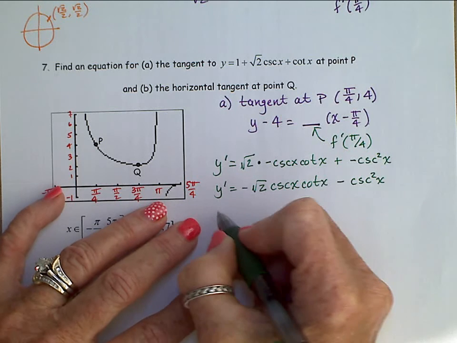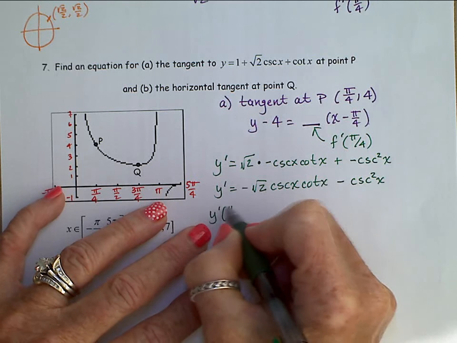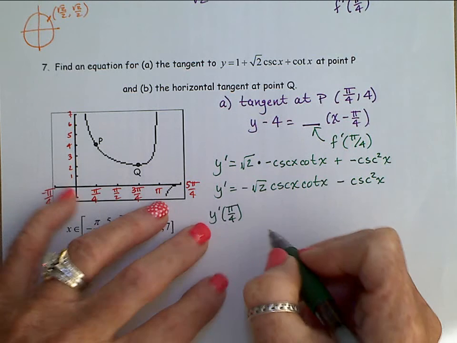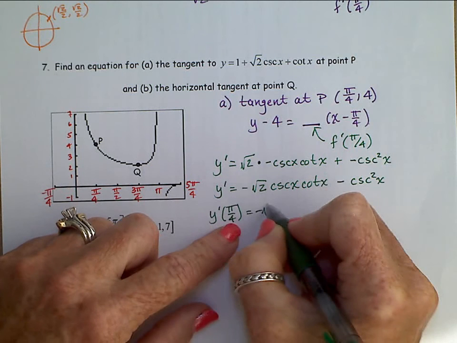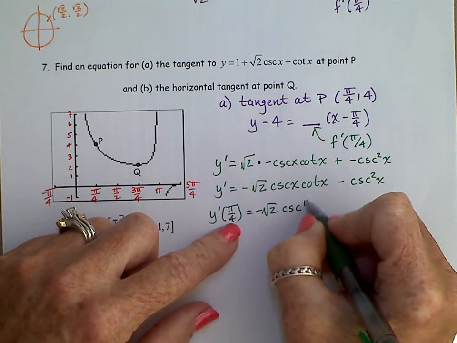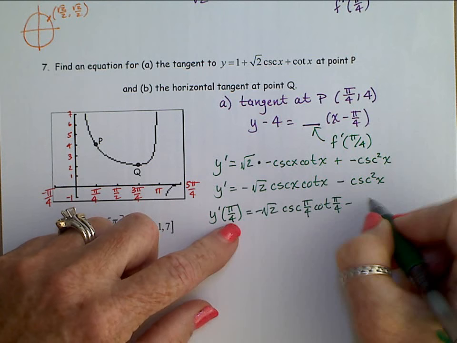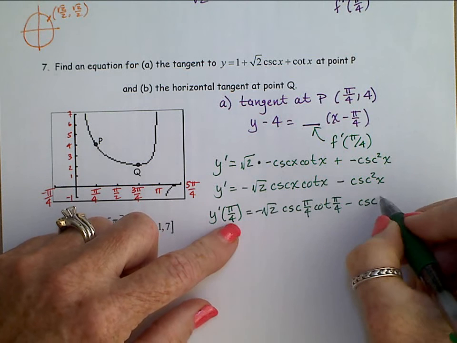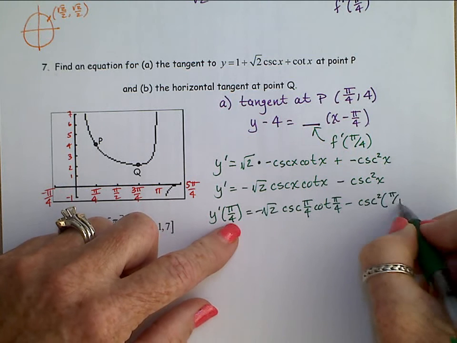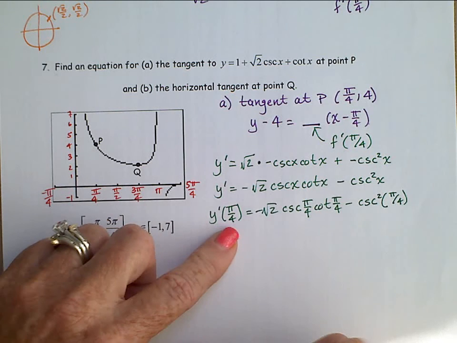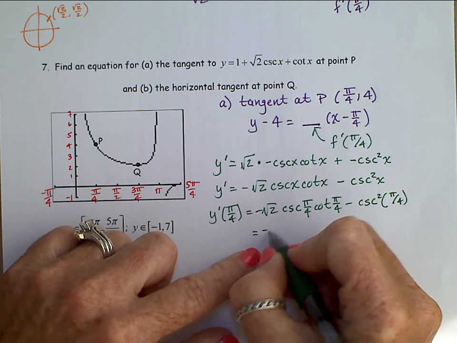Notice the notation now. We're going to evaluate at pi over 4: negative square root 2, cosecant pi over 4, cotangent pi over 4, minus cosecant squared pi over 4. Negative square root 2.